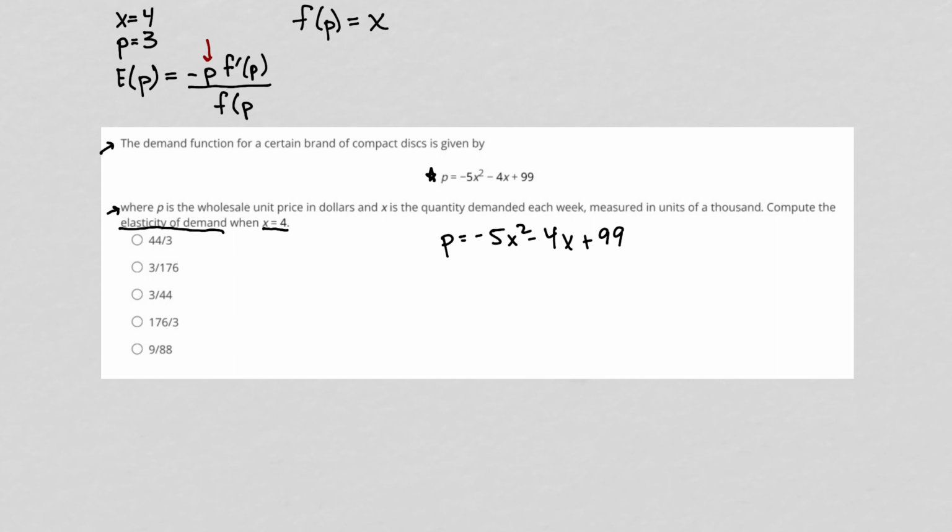So let's do that. I have negative 5x squared minus 4x plus 99. There's no way that I can see, at least, to factor this right away.